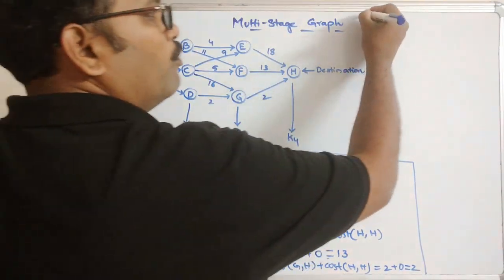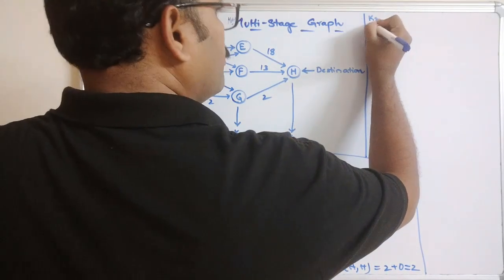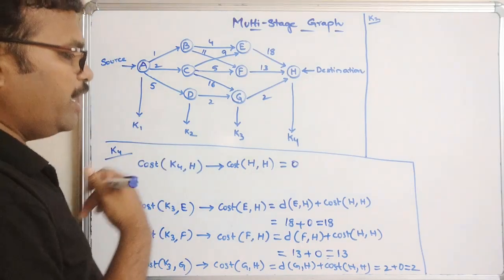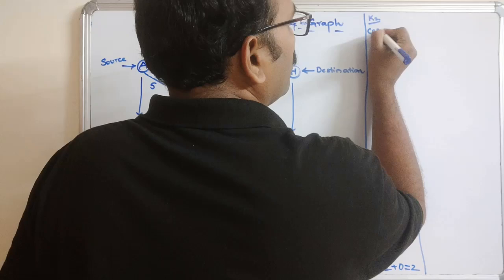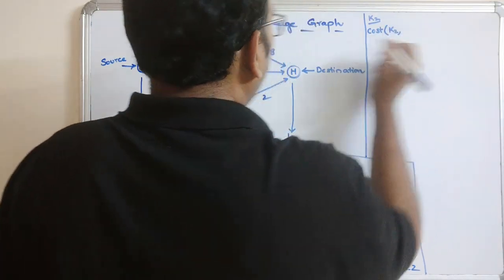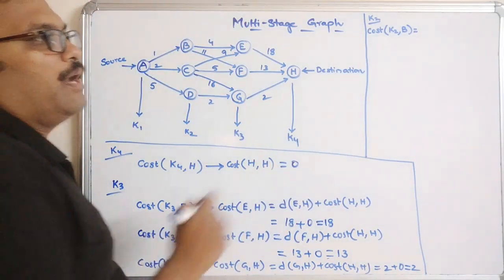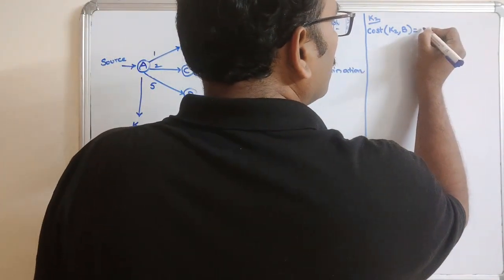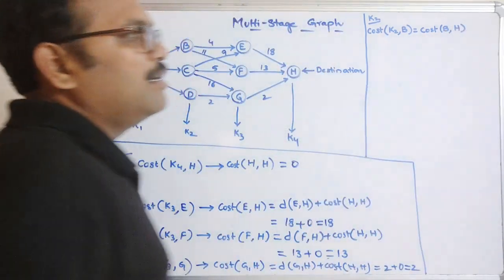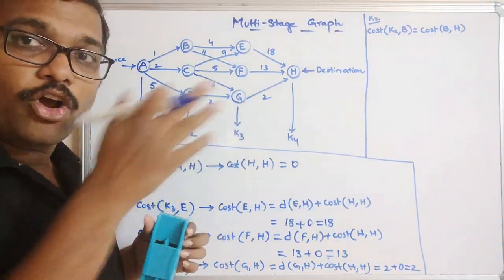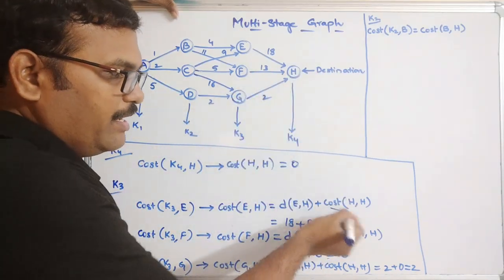Now we need to move on to K2. So K2 vertices are D, C, B. Now let us find out the cost of K2 comma B. Now we need to find the cost of B to H. Now you can understand why we are writing this here.